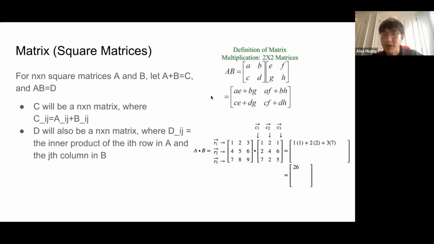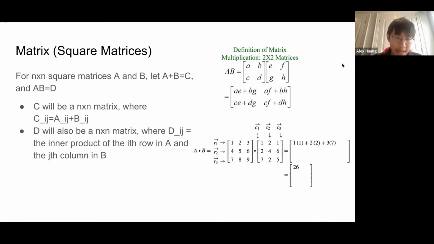So it's the sum of the entries in corresponding locations in the A and B matrices. And for example, the entry on the first row and second column is b plus f, because you just sum the entries on the first row and second column in both A and B.